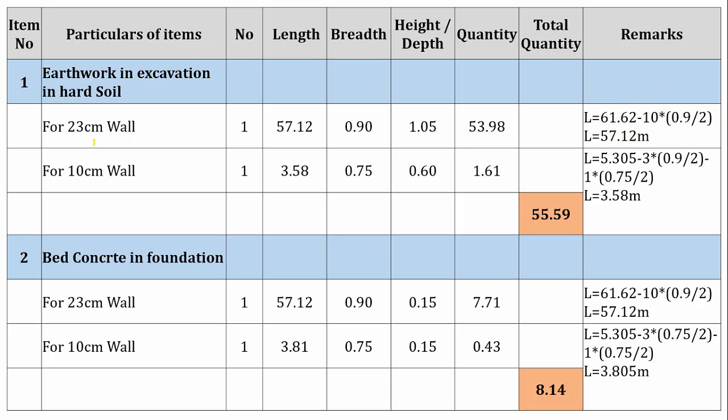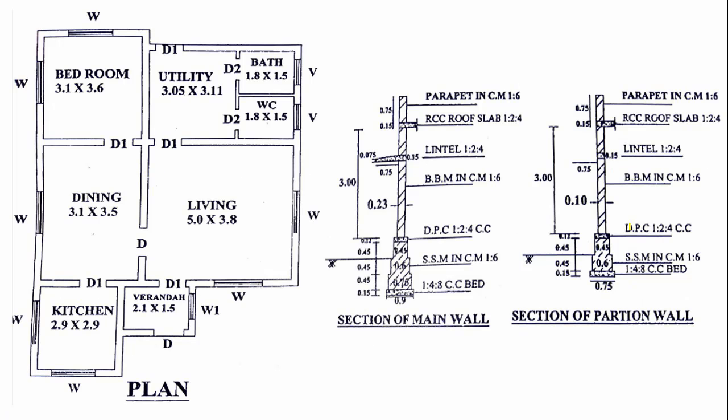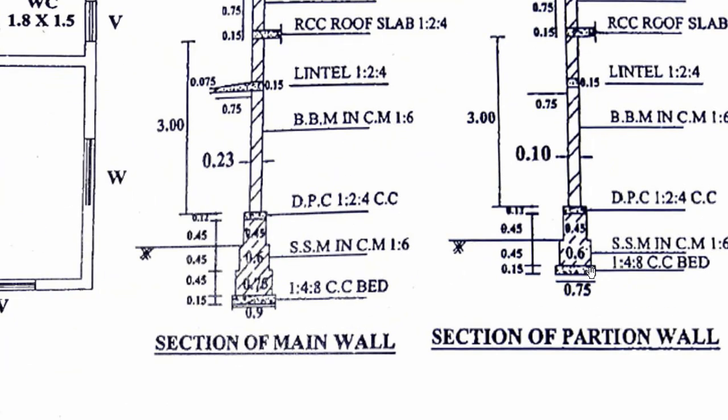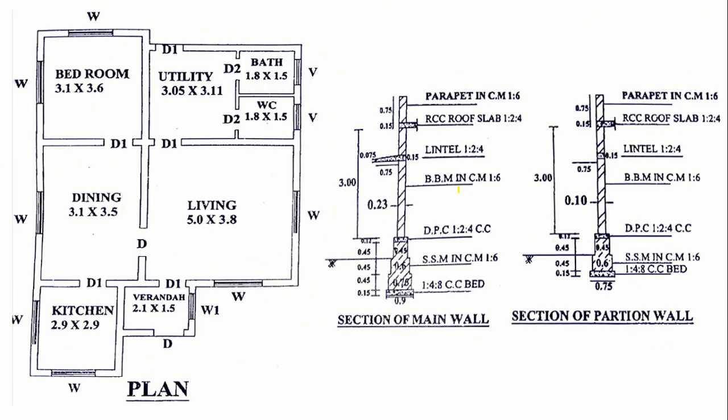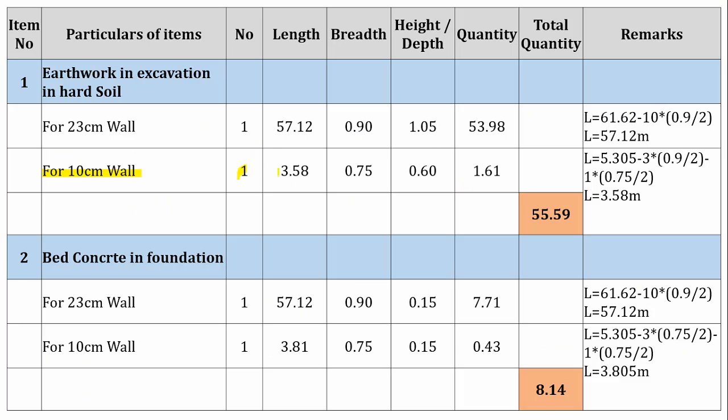Next we will calculate for the 10 centimeter wall. So one number, now we have to calculate this length. Length is equal to center to center length, already calculated, minus n. N is nothing but the number of junctions between the 23 centimeter and 10 centimeter wall, that is 3 junctions, into width of the item divided by 2. So now what is the width?